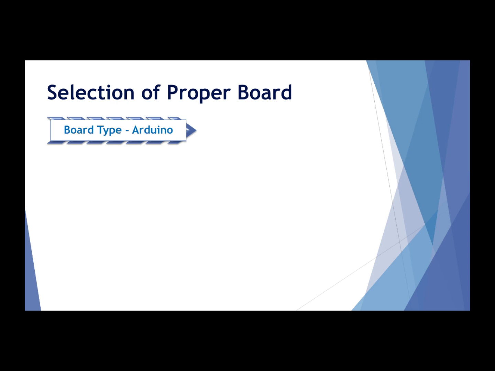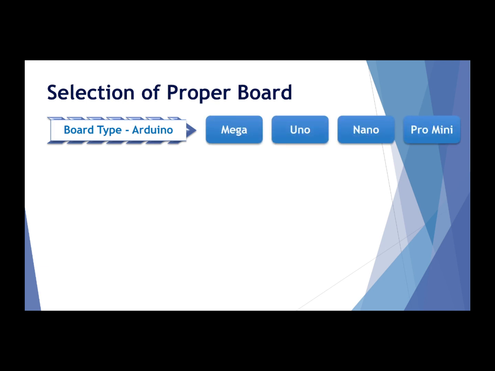Our first requirement was that we wanted to make this project Arduino based. So there are 4 options with the Arduino. Now which board should we go with? Our second criterion was low cost. If I talk about low cost, then I think Arduino Mega is out of the competition, because a single Arduino Mega board costs around 1000 to 1200 rupees.